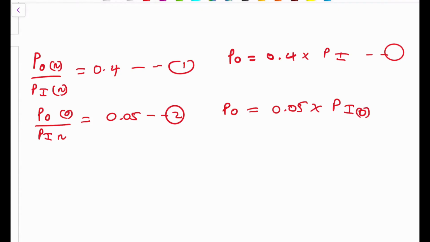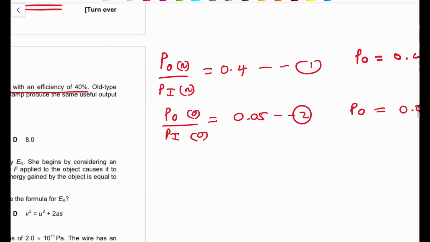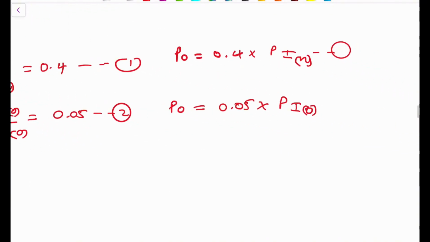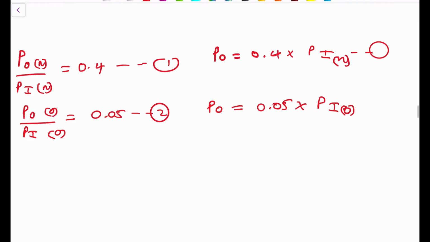That's equation 4. We know that they have produced the same useful power output, so PO is the same. I can equate the two, equating equation 3 and 4.